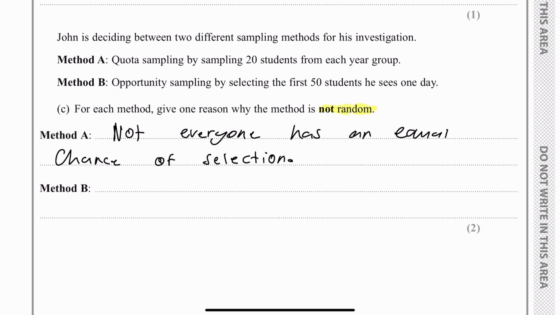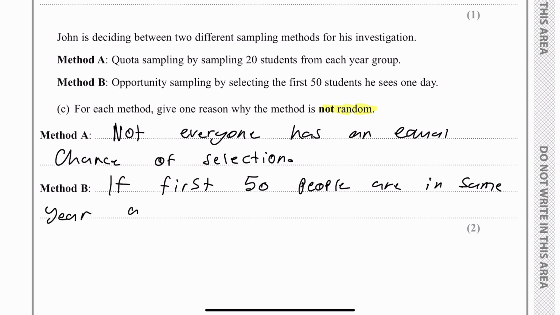So maybe like if the first 50 people are in the same year group, this may give a biased view, or this may give a biased representation.